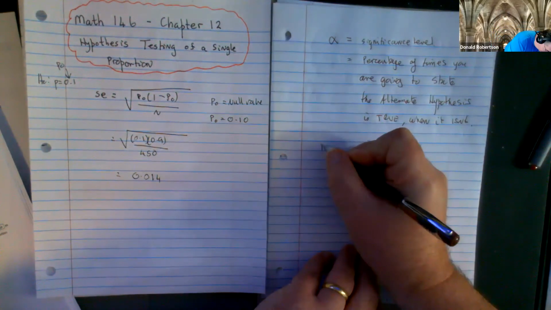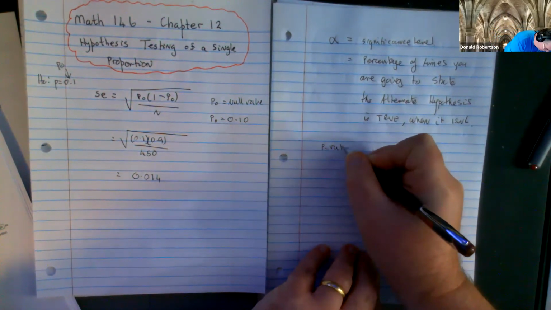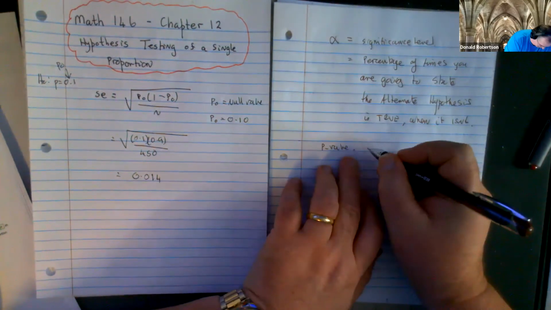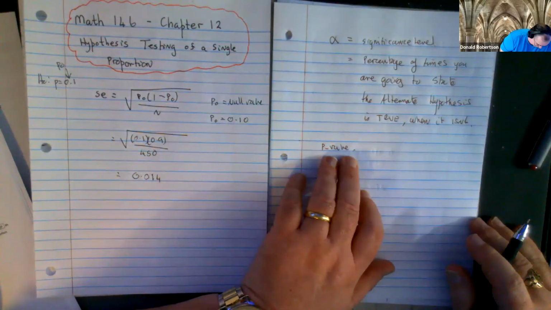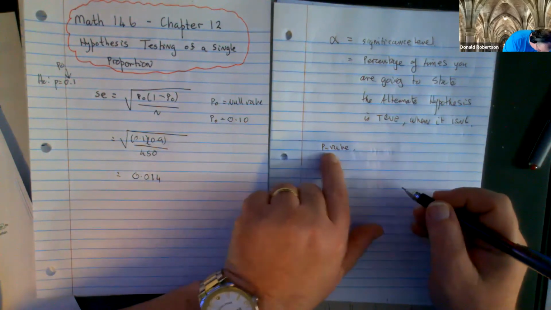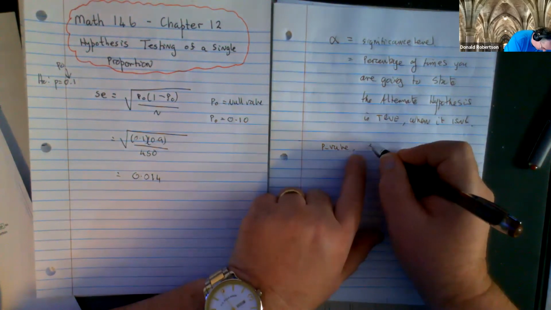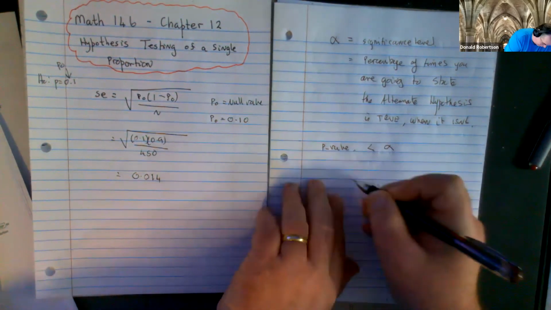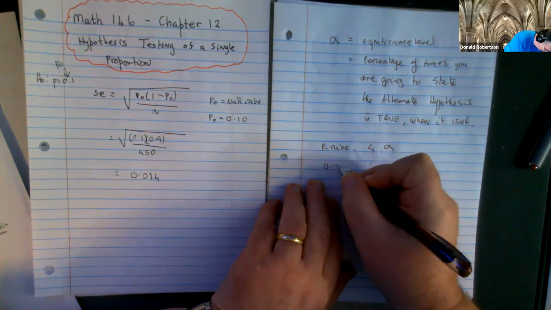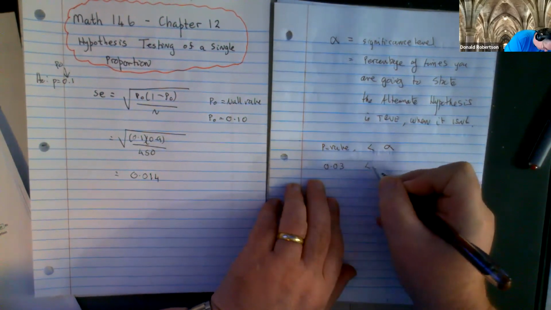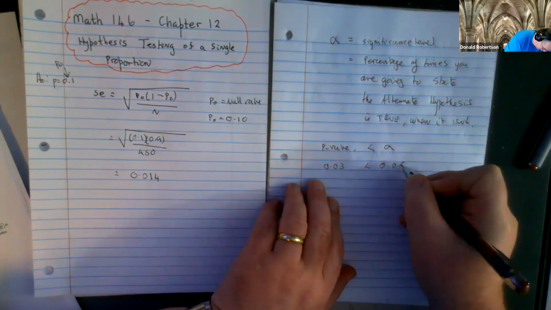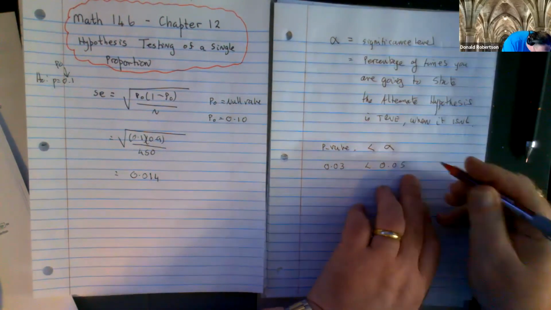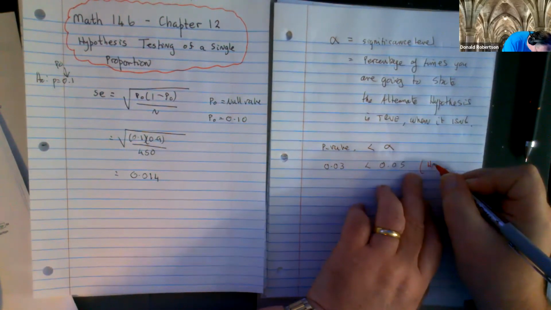And you calculate the p-value. And we've done that on Friday and we will definitely do it again. But right now, you just assume that you know it. And you test it against alpha. So if your p-value is like 0.03 and your alpha is 0.05, then you are able to say that HA is true.